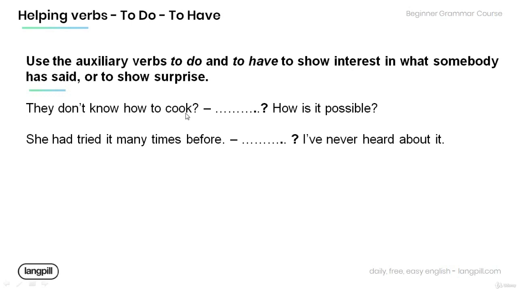They don't know how to cook? Do they? How is it possible? She had tried it many times before. Had she? I've never heard about it.